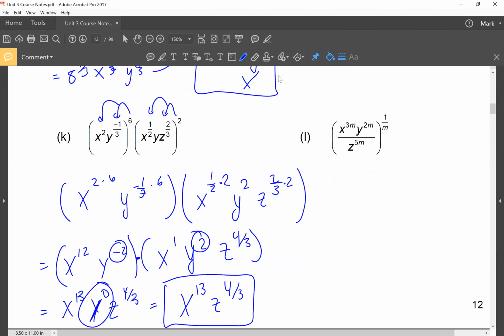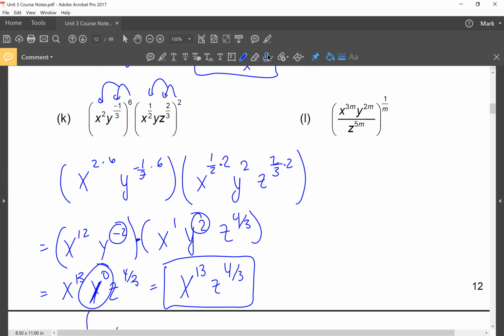Okay, so let's look at L. Okay, so L, there's nothing I can do here in terms of simplifying it. I'm just going to multiply this by everything. So I end up getting, oops, sorry about that. There we go.